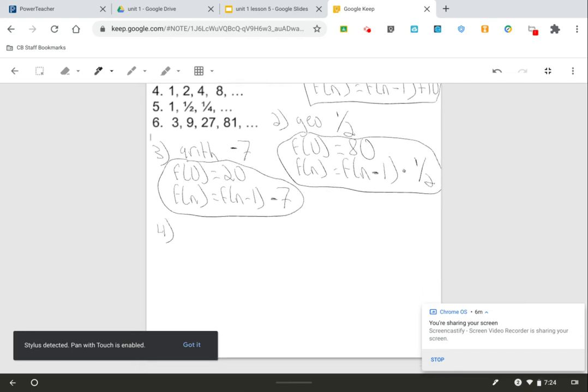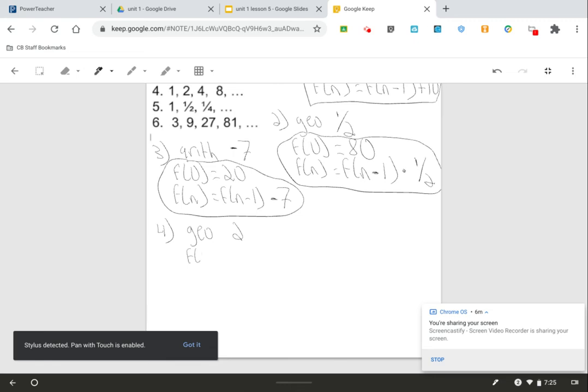Number 4, it looks like we are doubling. 1 times 2 is 2, times 2 is 4, times 2 is 8. So this is a geometric sequence, and our common ratio is 2 because we're multiplying by 2 each time.